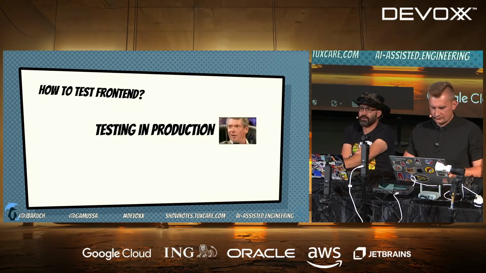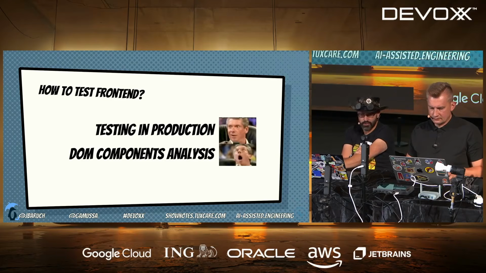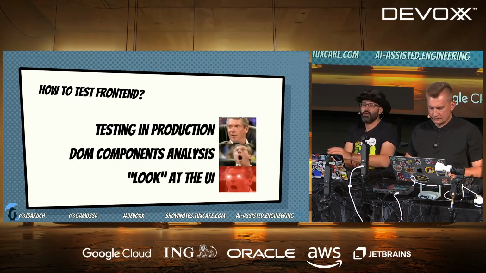It can say, take a look at what I generated and tell me what you think. That's kind of the default mode. We can ask it to analyze the components by analyzing the live website that it built, or we can instruct the model to physically look at the UI and see what's wrong.